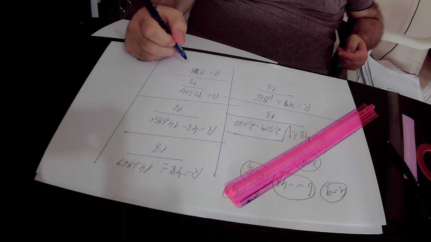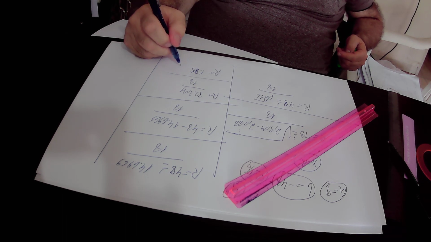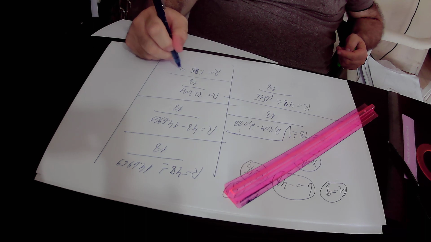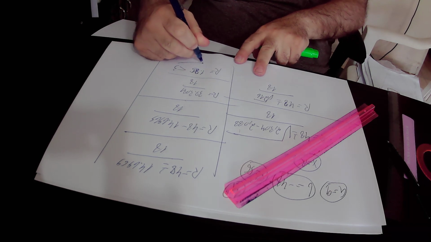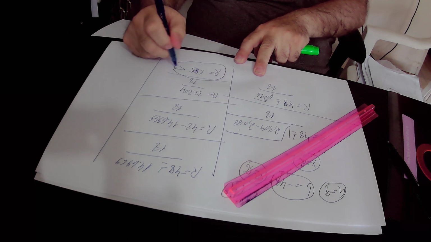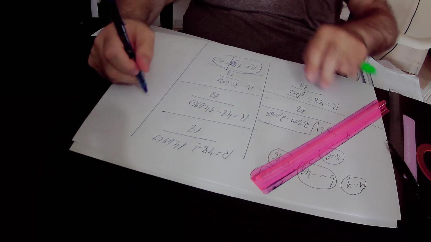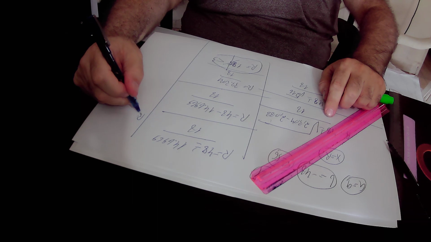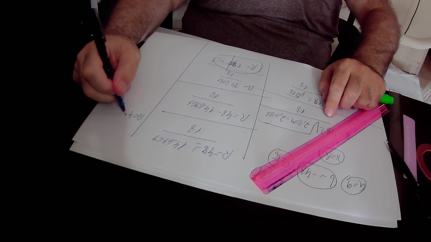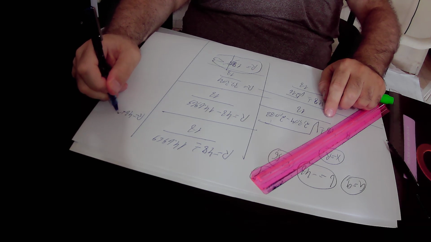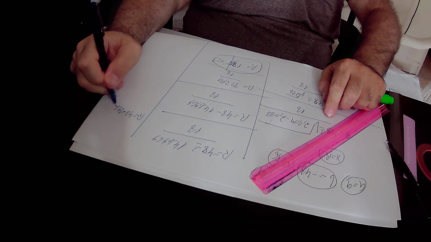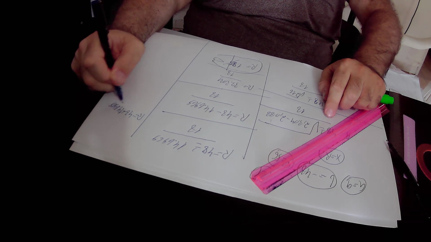But we already found that R cannot be less than 3 units, and 1.85 is less than 3 units, therefore we cancel this solution, and we're left only with the second solution, that R equals 48 plus 14.6969 over 18.